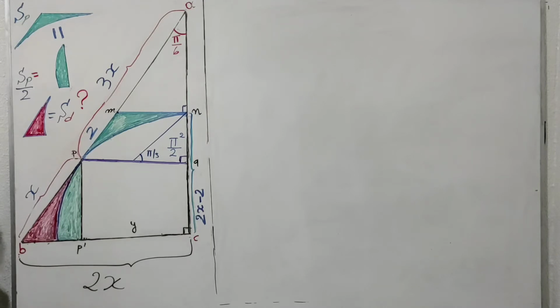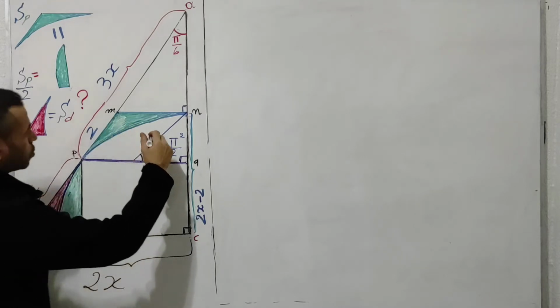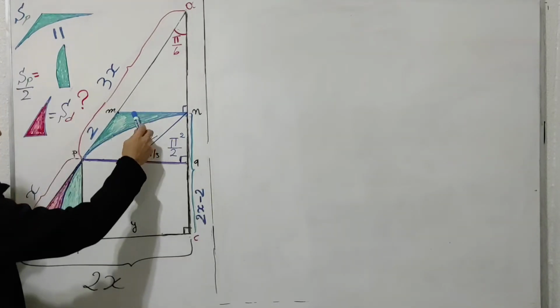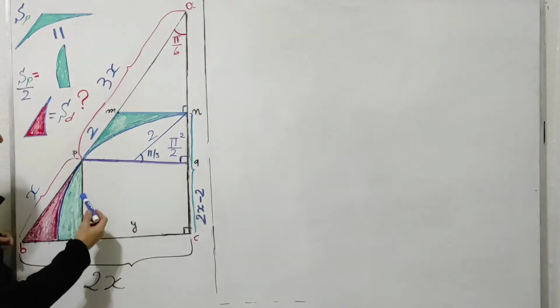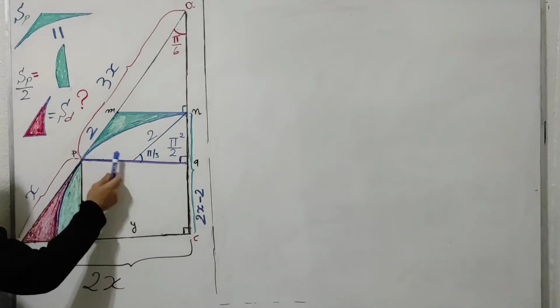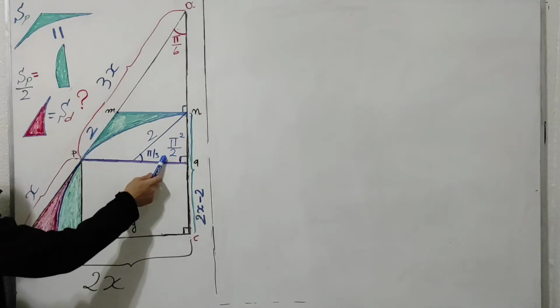So in order to calculate x, this distance equals 2 because this line and this line are parallel, and also this angle pi over 3 and this angle pi over 3, okay?